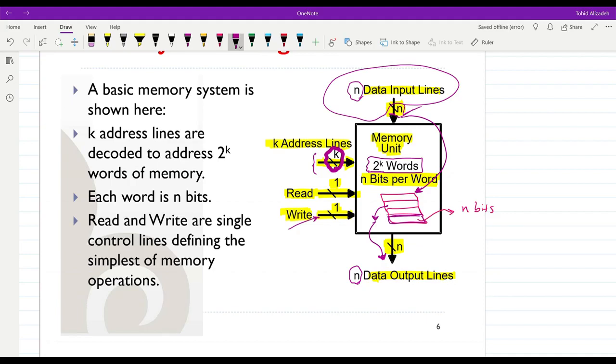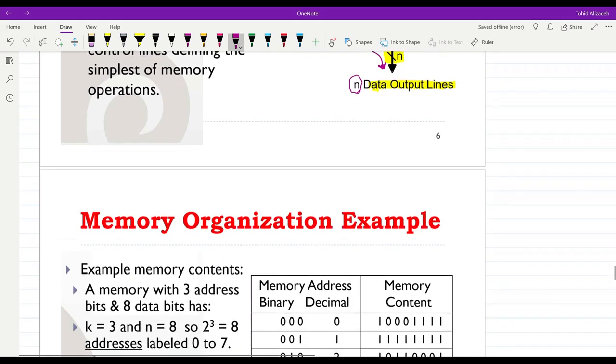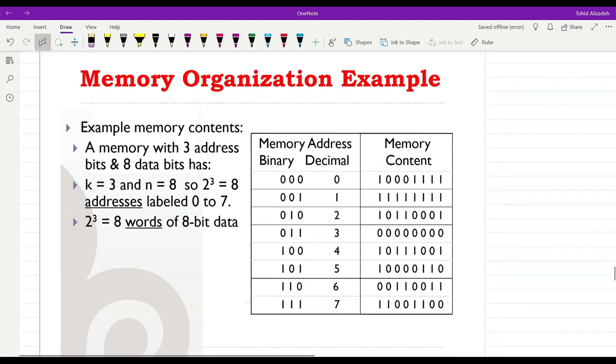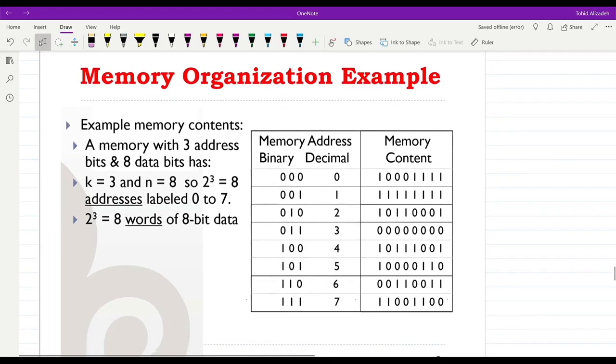So we can read from the memory and we can write into the memory. To determine which element we are working with, we need to use the address lines, and then with the data lines, we determine which data we are writing into the memory, or we can take the data out of the memory.